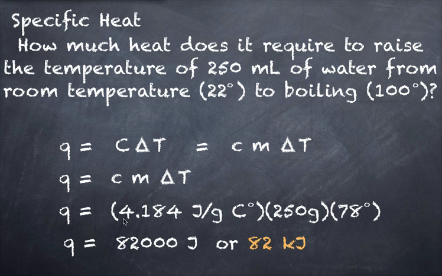So Q is going to equal 4.184 joules per gram Celsius times the 250 grams of what the water weighs times the change in temperature from 22 to 100, so that's 78. When you do that product, you get about 82,000 joules. It's easier to express that in kilojoules, so it's 82 kilojoules. Hope this helped you.